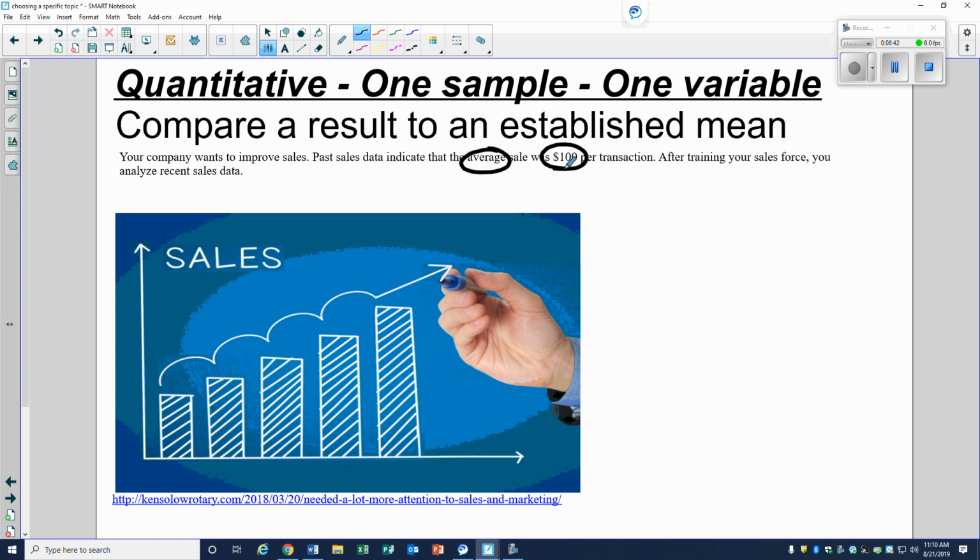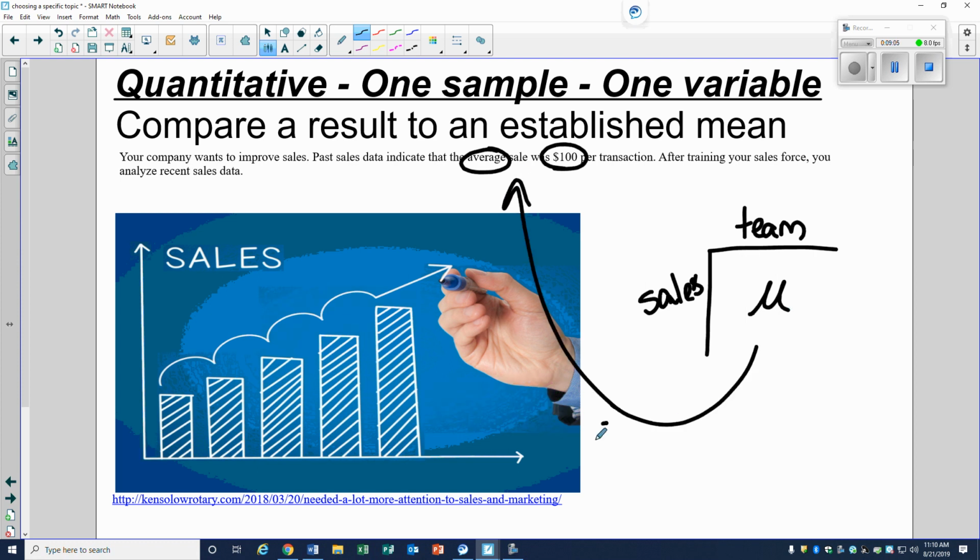And after you train your sales force, you want to analyze the recent sales data. So you're only going to look at your team, your one sample, and you're going to look at the new sales data, the one variable you're interested in, and you're going to come up with the new average. So you're only actually looking at one sample, and you are comparing it to something that was already established to begin with.